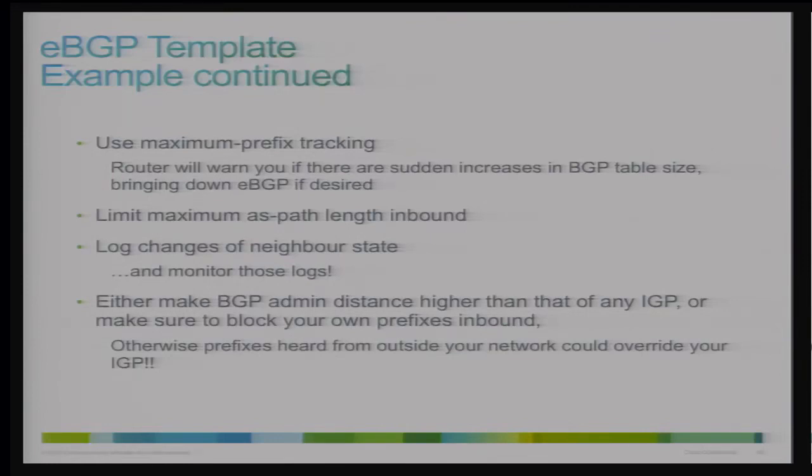So it's good to use maximum prefixes, which means if somebody sends you more than what you configured as maximum, the session will be reset automatically. You can also limit the maximum AS path lengths, and log changes to neighbors. That way, when a neighbor goes up and down, a log message is generated so that you can eventually troubleshoot if there was any flapping.